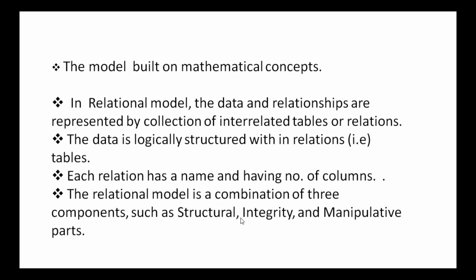That means the data is logically expressed in the form of tables or relations. What is a table? A table is the intersection of rows and columns, a two-dimensional structure consisting of rows and columns. Each relation or table has a name and some number of columns. This relational data model is a combination of three components: structural, integrity and manipulative parts.